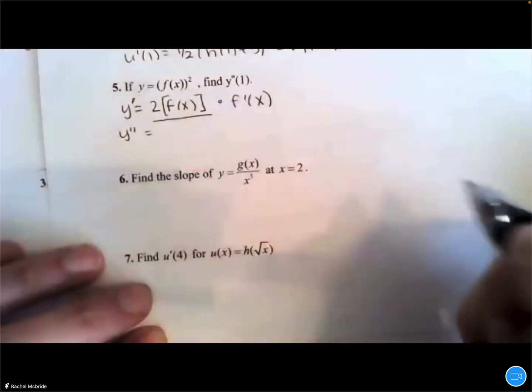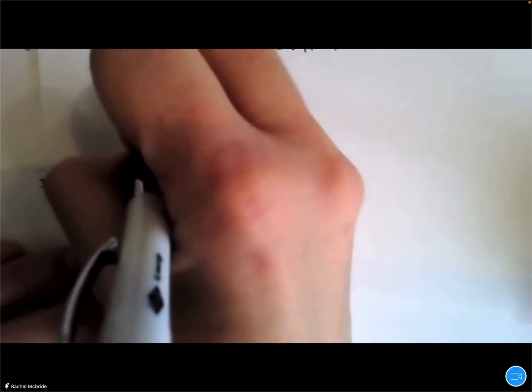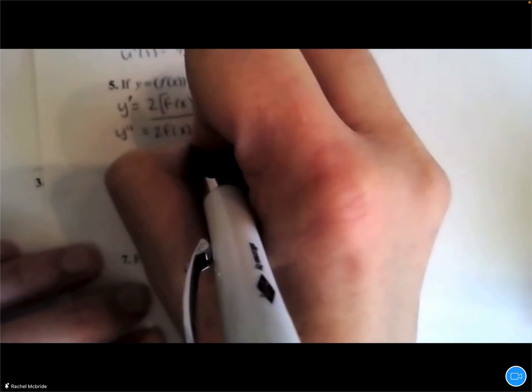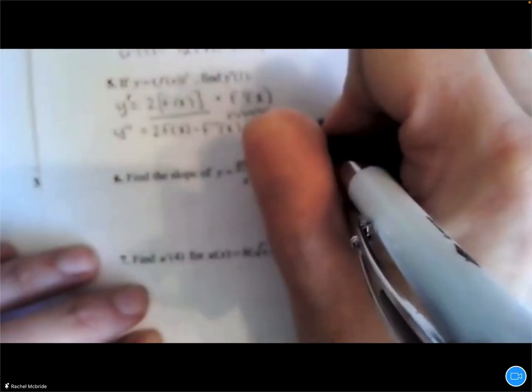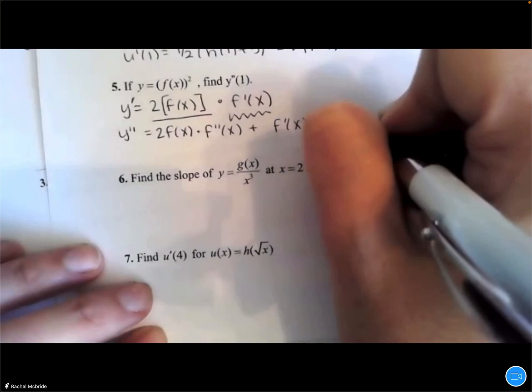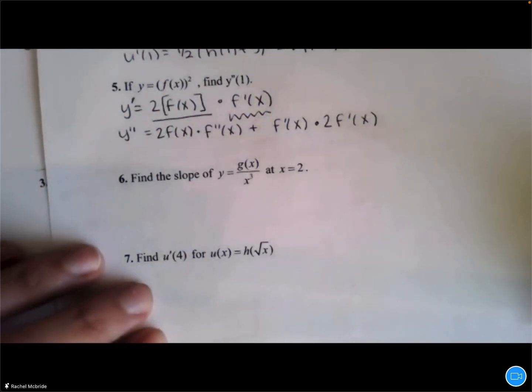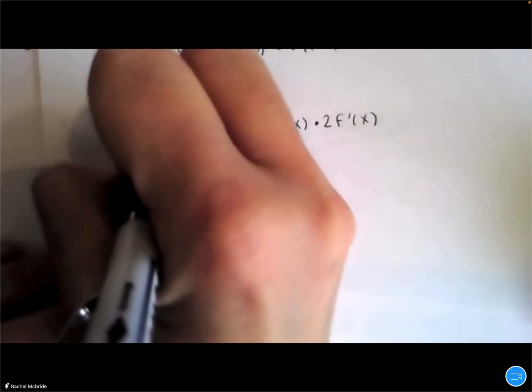So now this is like your first and this is your second. So it's the first times derivative of the second plus the second times derivative of the first, all evaluating it at 1.